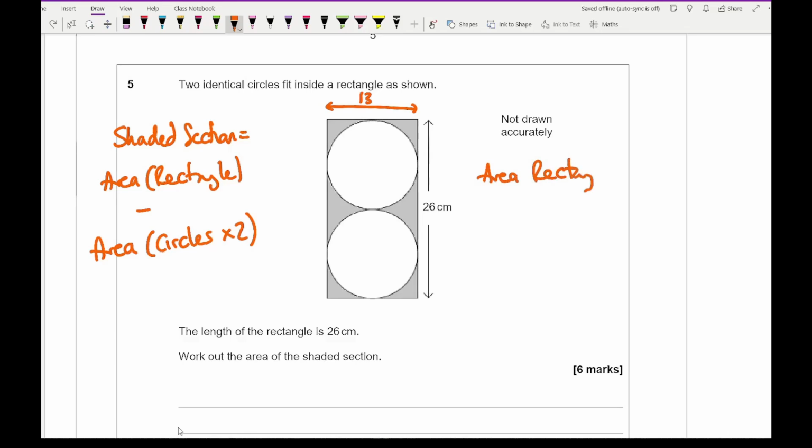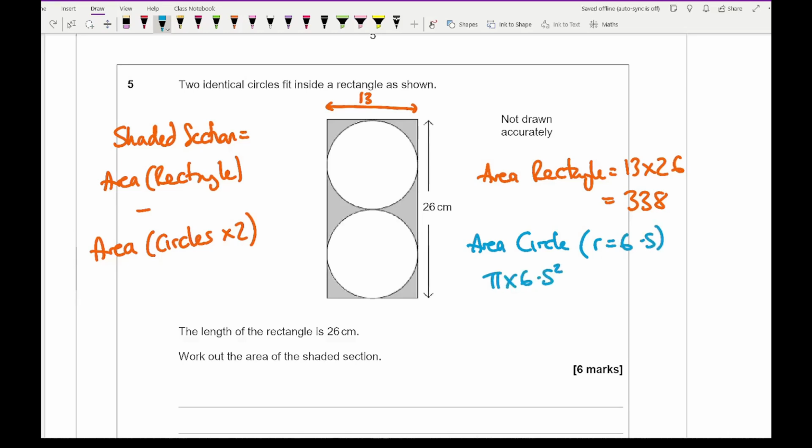So the area of the rectangle is going to be 13 times 26, which on the calculator gives me an answer of 338. Then the area of a circle with a radius of 6.5 is going to be pi times 6.5 squared.